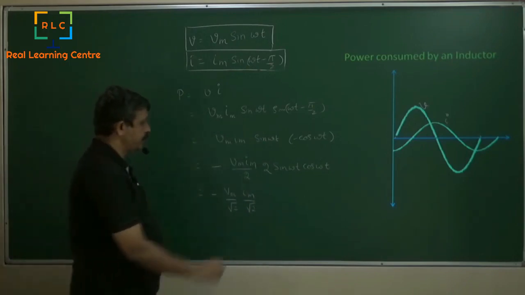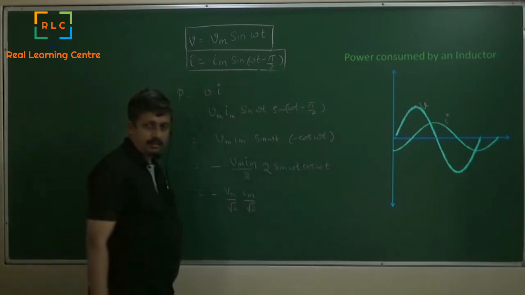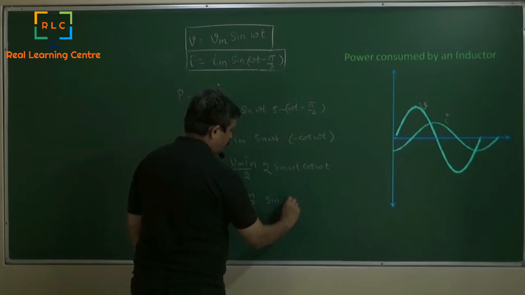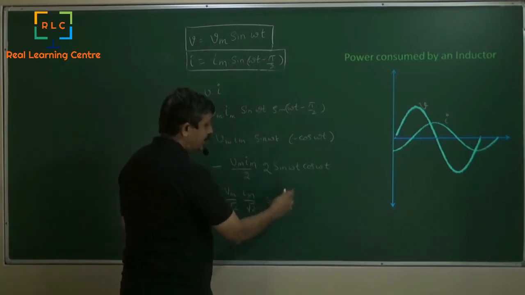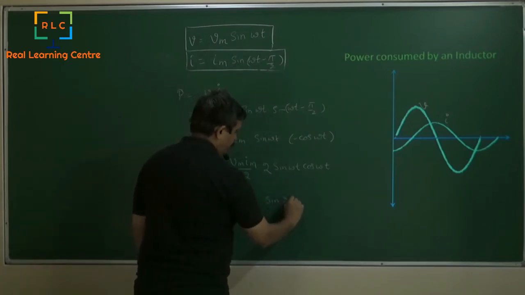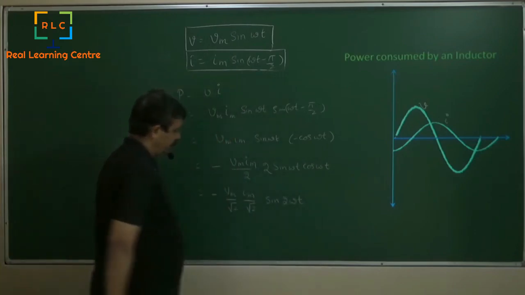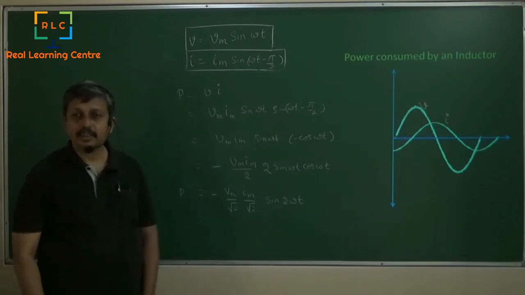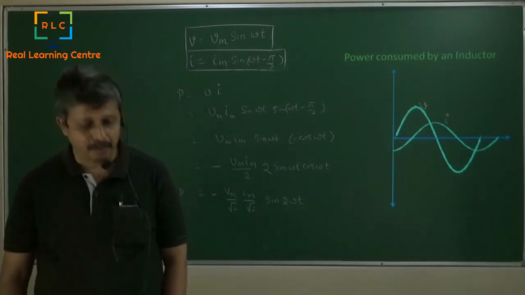And 2 sin theta cos theta is sin 2 theta, so this is sin 2 omega t. This is the power. At any instant, this is how you calculate the power.